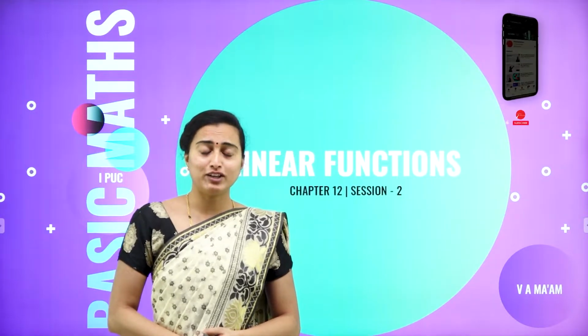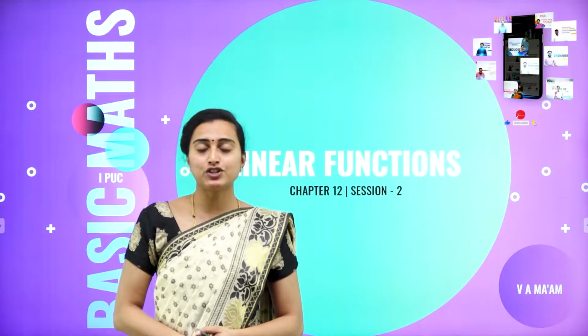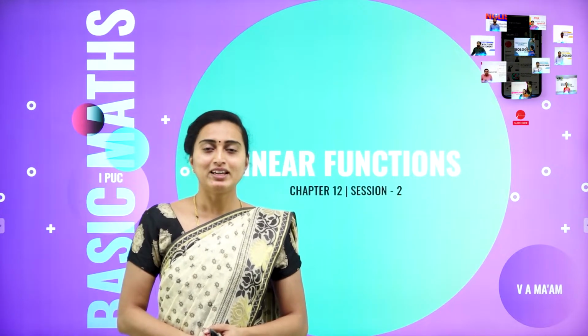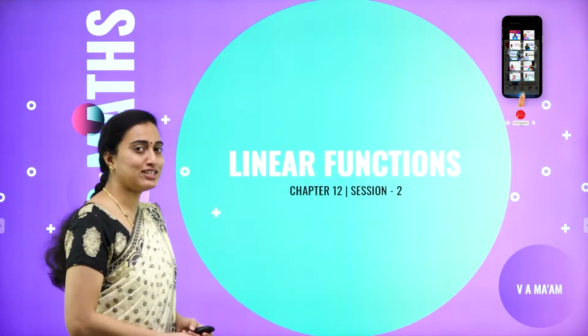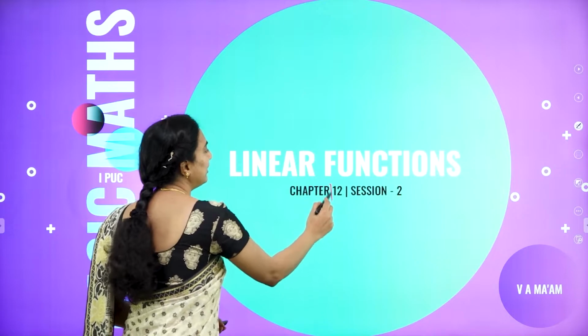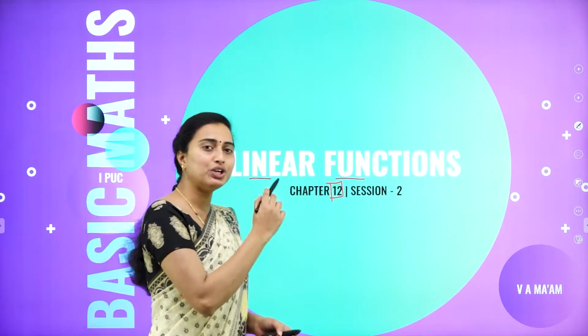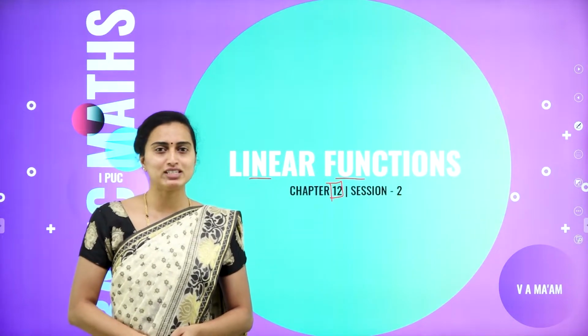In the last session, we learnt many problems on revenue function, cost function and then BEP. And in today's session, dear students, this is the last session of chapter number 12, called linear function. That is session number 2, which is the last session for this chapter.